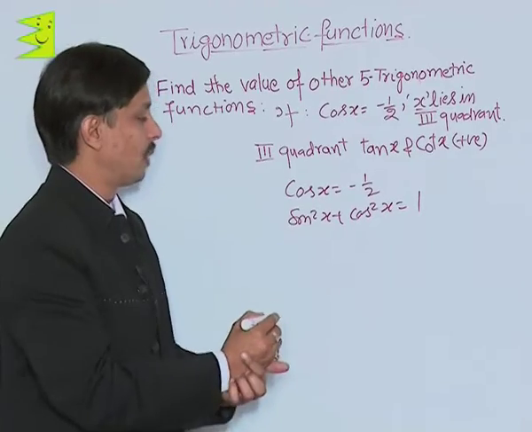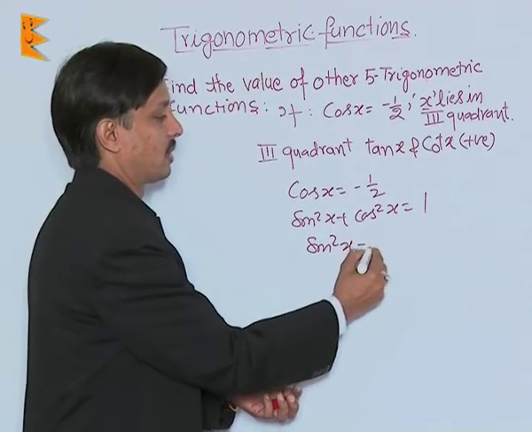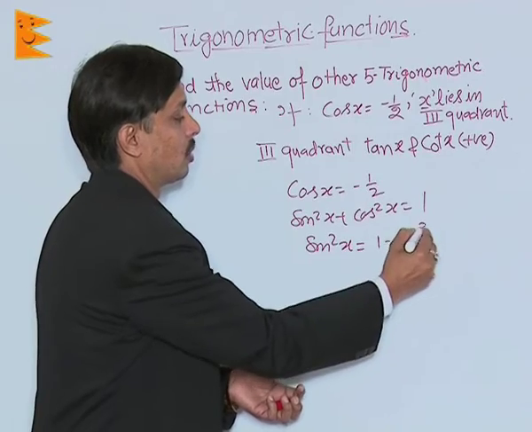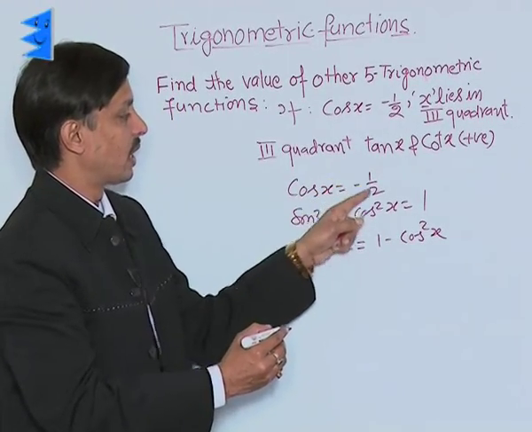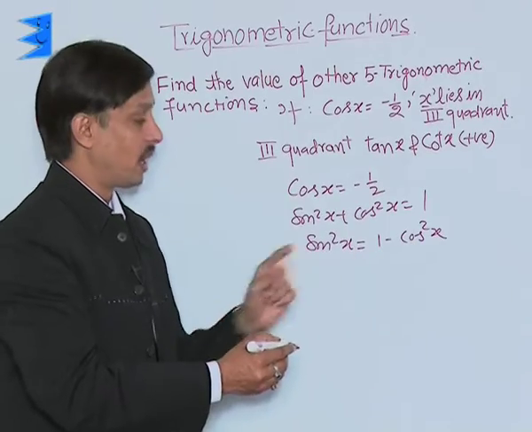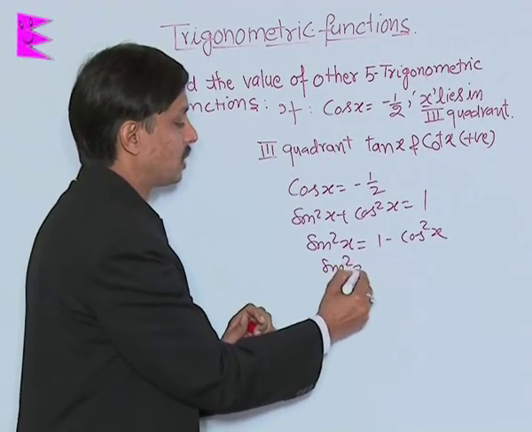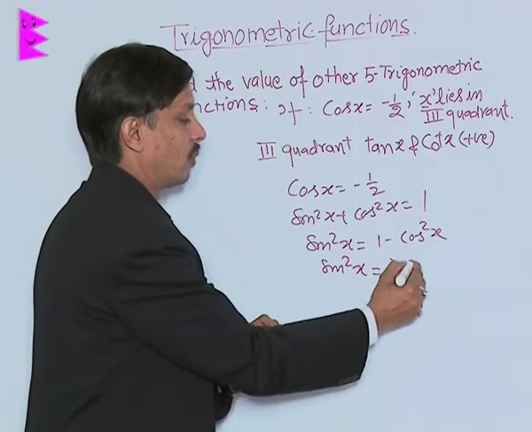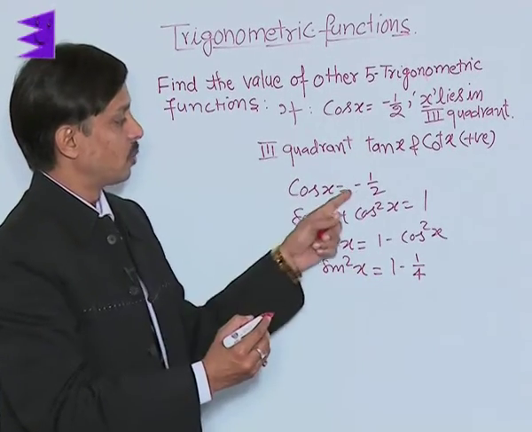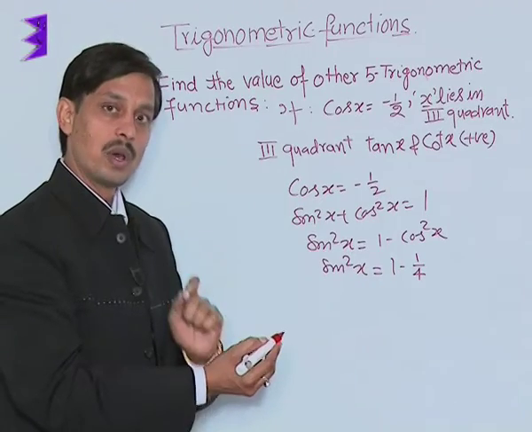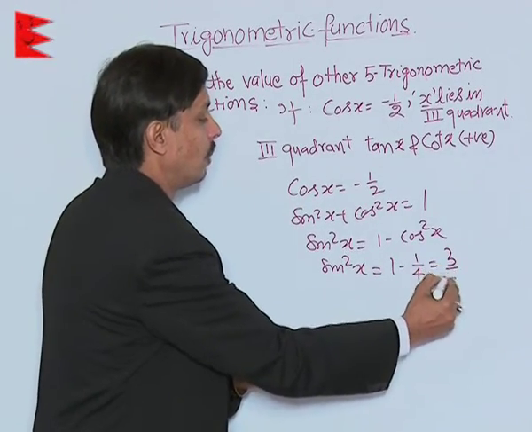So with the help of this, we can say the value of sin square x is 1 minus cos square x. In place of cos x, we can write minus half. So the value of sin square x will get converted to 1 minus 1 by 4, because the square of minus half is 1 by 4. This is coming out to be 3 by 4.